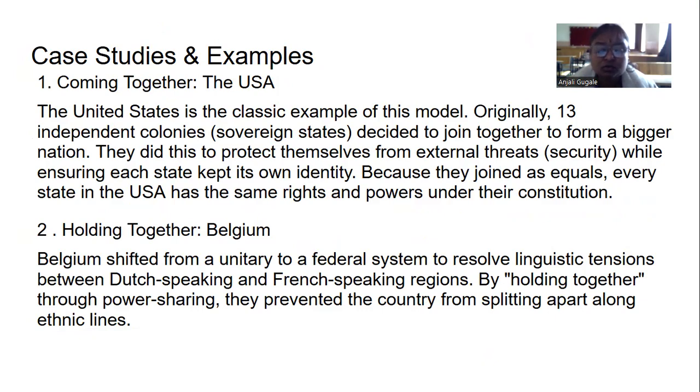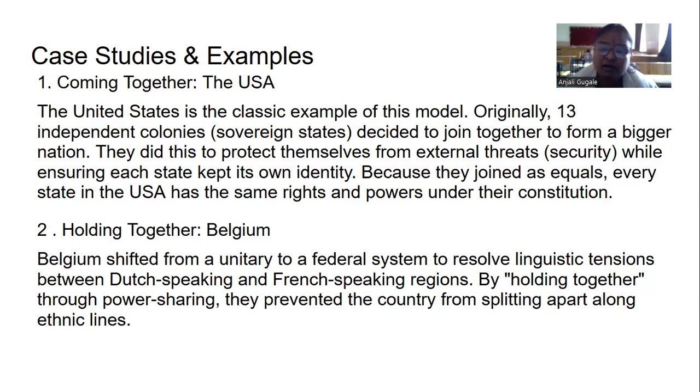The 13 colonies fought the war of independence in America during the 18th century. And you remember in history, you've studied the French Revolution and how France supported America to gain its independence. The 13 colonies which were under the British colonial imperial rule got their independence, came together, and America became a federation.